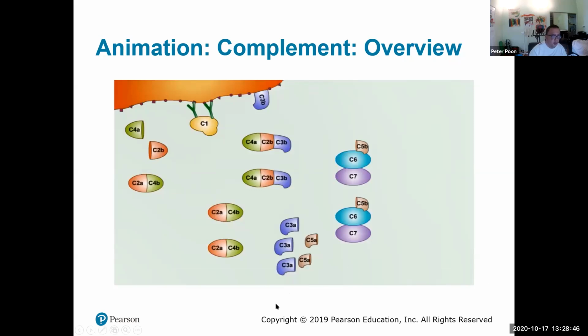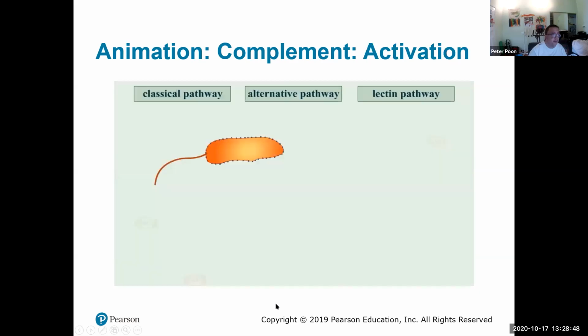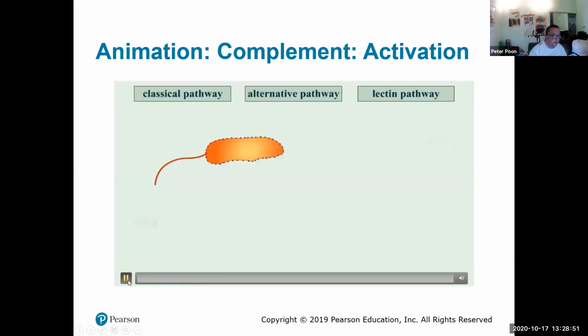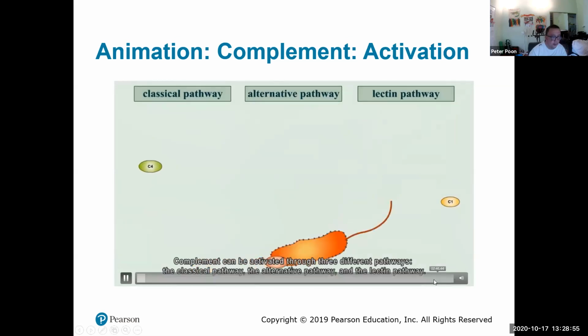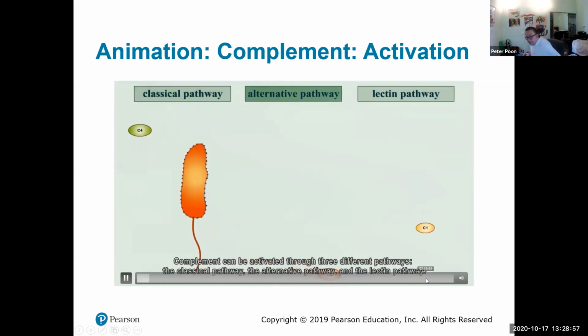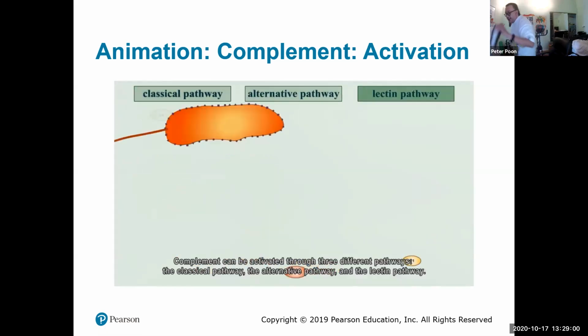Complement can be activated through three different pathways: the classical pathway, the alternative pathway, and the lectin pathway.